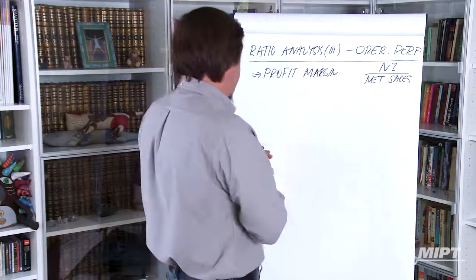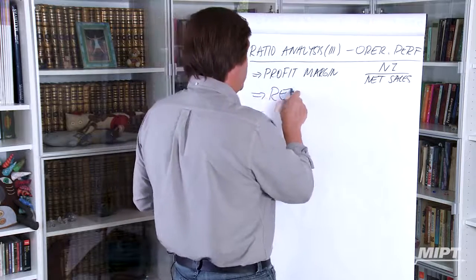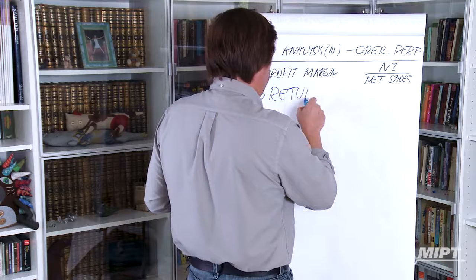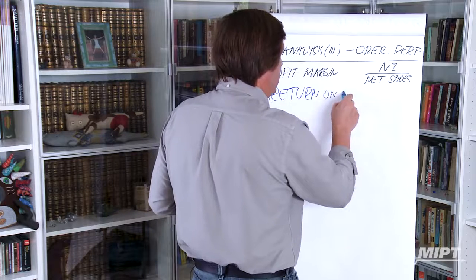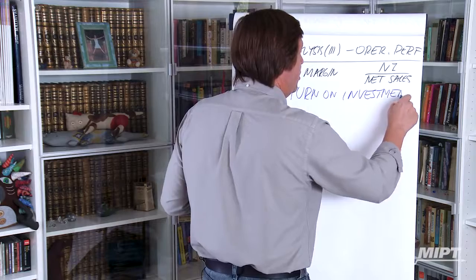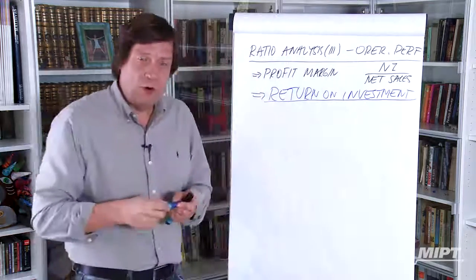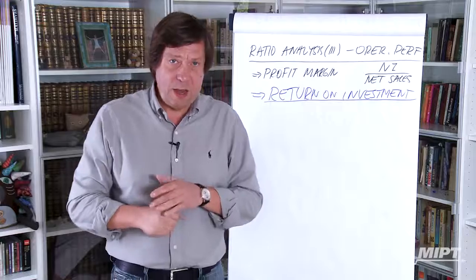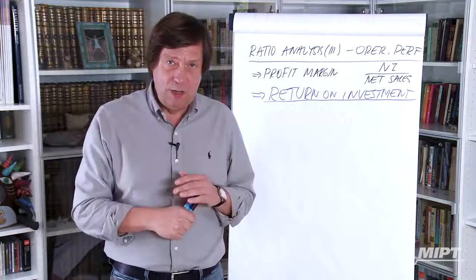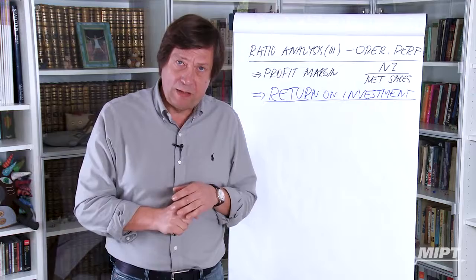And now the next set of ratios, this is returns. Return on investment, I will put it like this, because that's a huge area, and clearly it's very important for us, because investors are the people who provide capital in the hope of receiving some expected return on that.